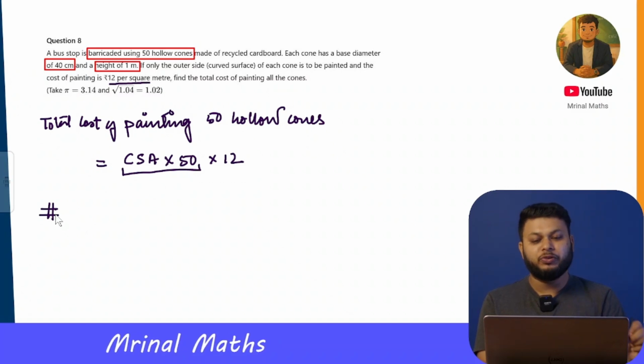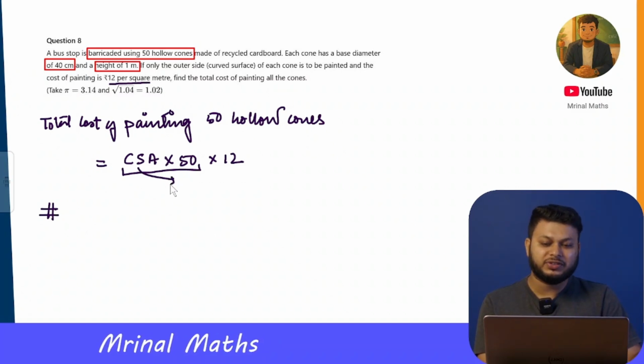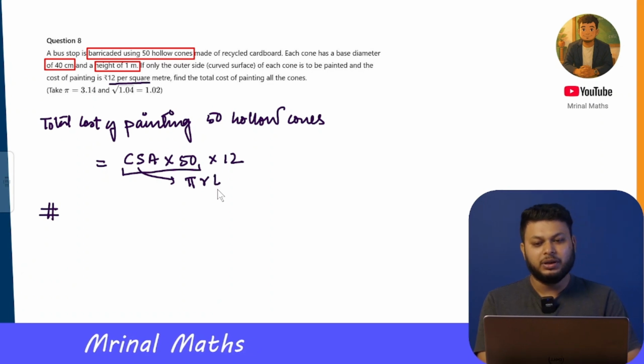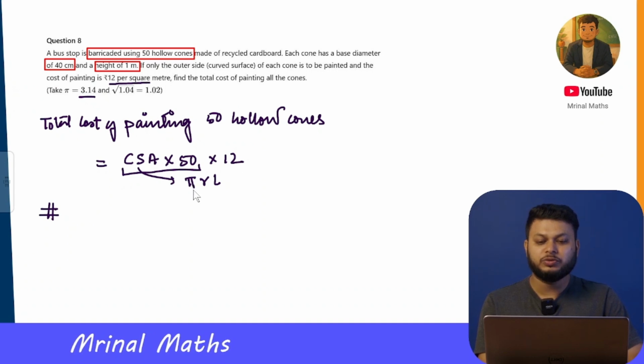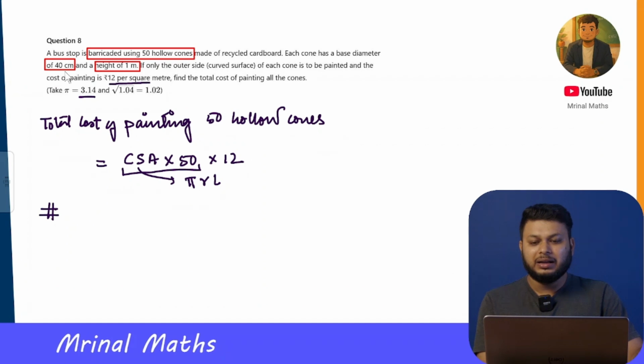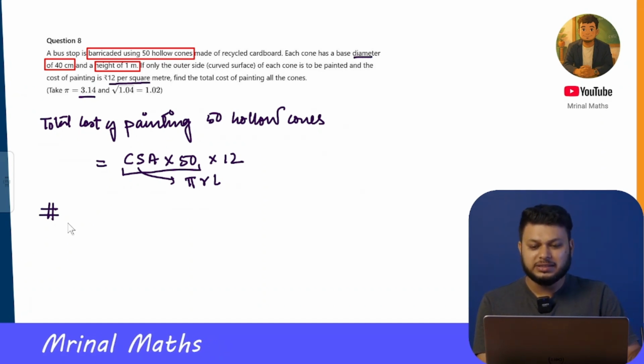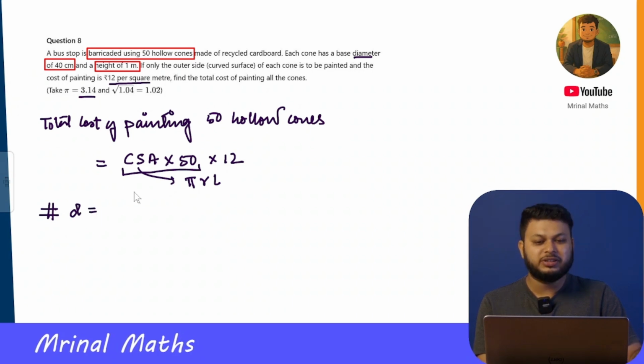Now we know for calculation of curved surface area, the formula is pi r L. The pi value they have given is 3.14. For the radius, they have given the base diameter, that is, look, base diameter is given as 40 centimeters.